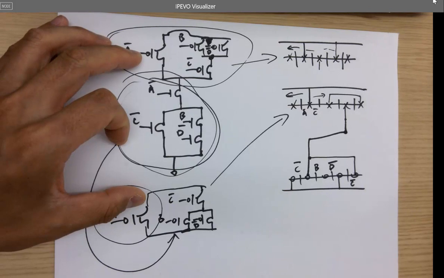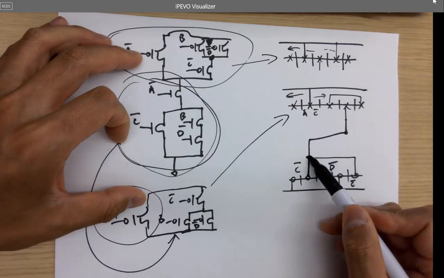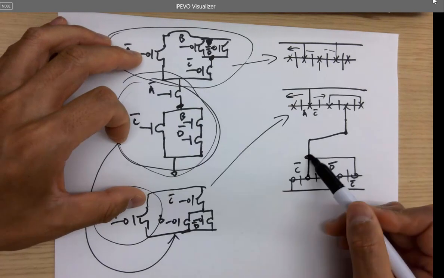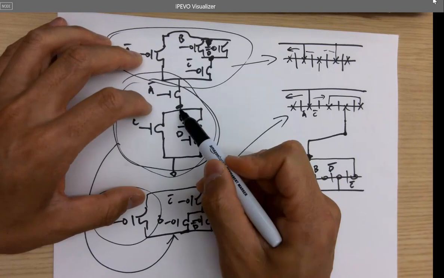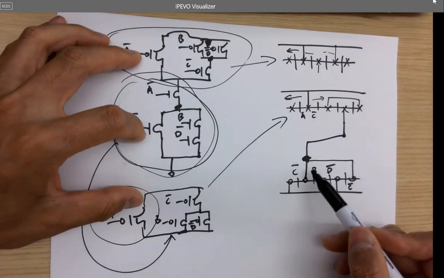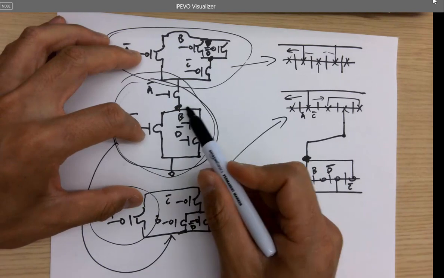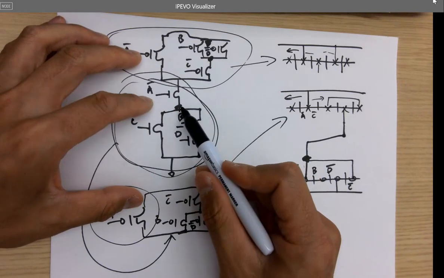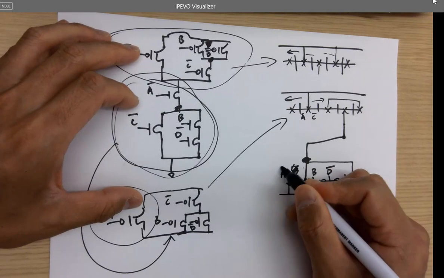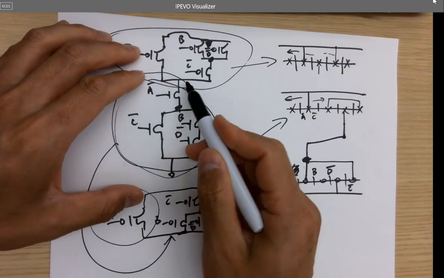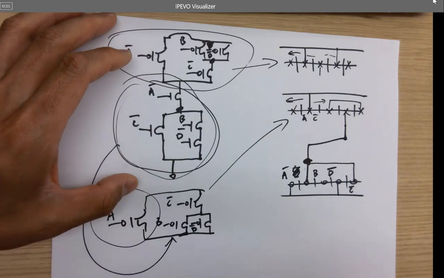Is that correct? Same node. So this node is this node. Being split into two branches. One goes through C naught, another one goes through A naught. Is that correct?